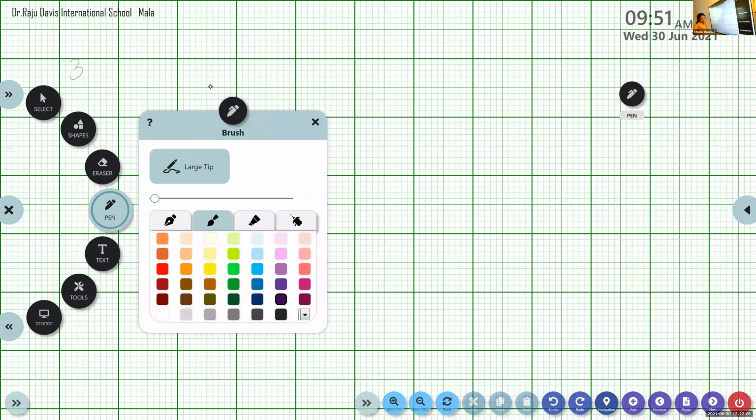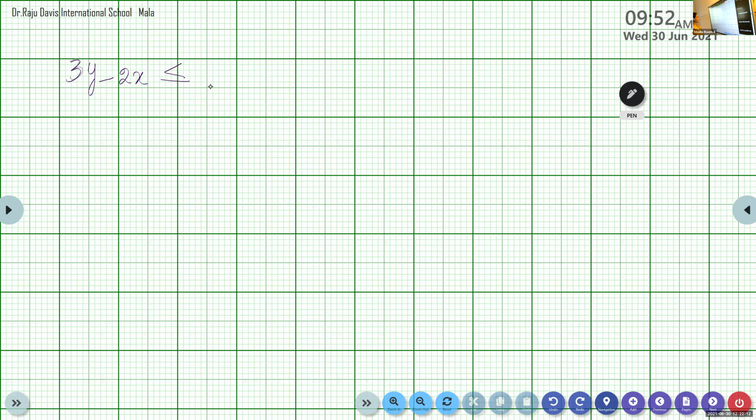I am writing. Okay, is it clear, children? 3y minus 2x is less than or equal to 4. If I want to increase the size, you tell me, children. Is it okay, what I am writing on the board? Yes, ma'am.